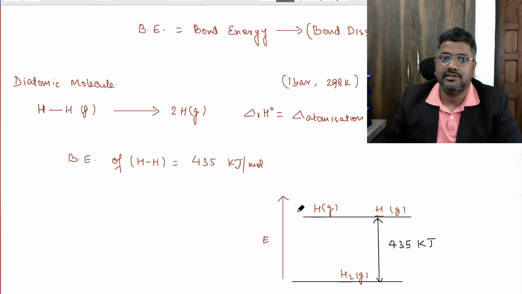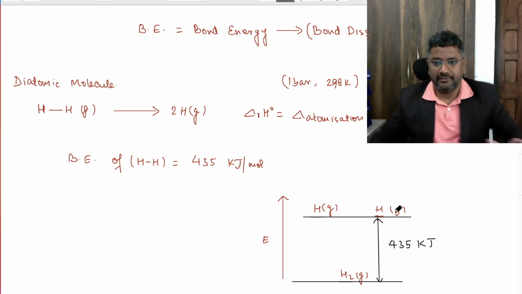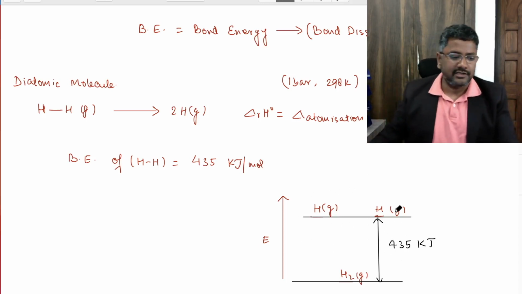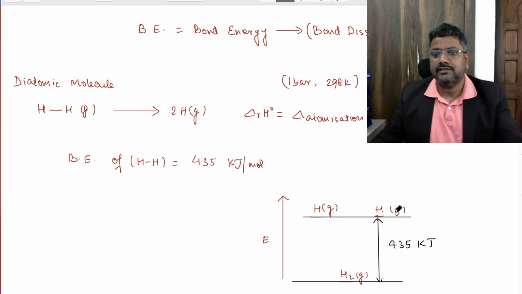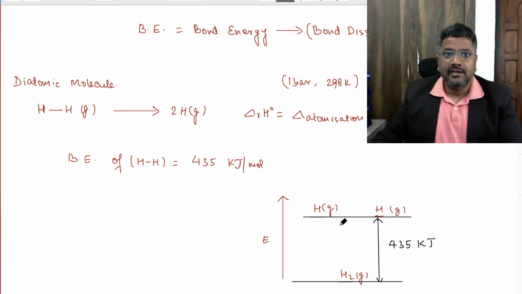This is the reason why atoms are unstable and molecules are stable. So this is the method of visualization. In this way you can visualize these things.